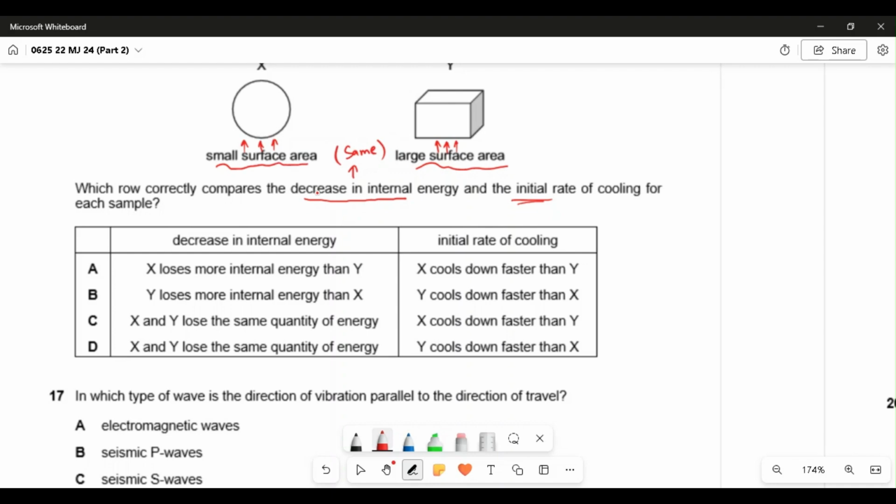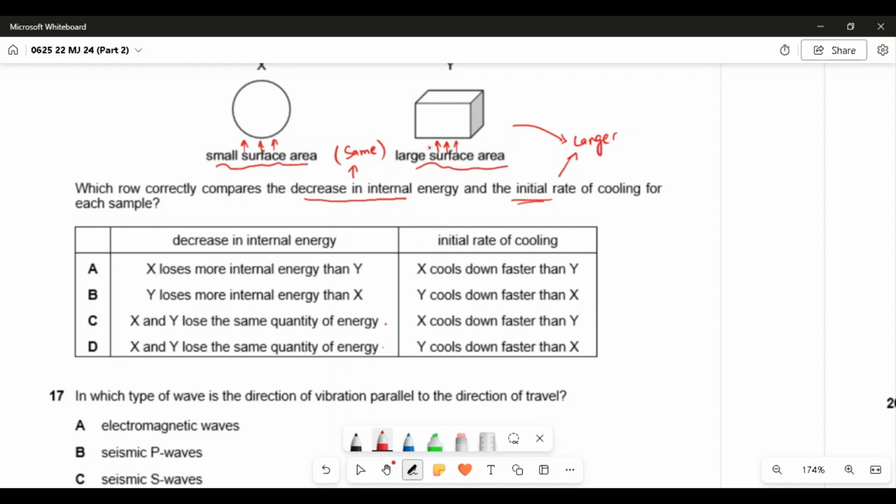So internal energy initially increases at the same rate and decreases at the same rate. But the initial rate of cooling depends on the surface area. The large surface area will have a faster cooling rate compared to the small circular one. So the decrease in internal energy is the same. So option C and D will be the right choice.